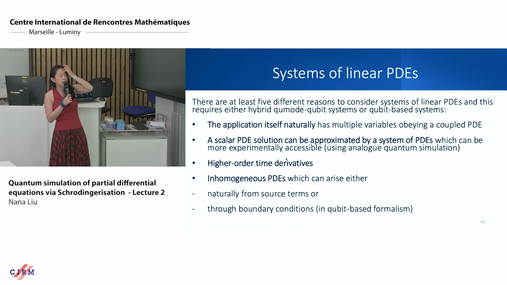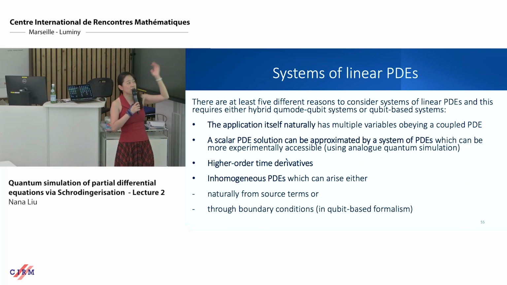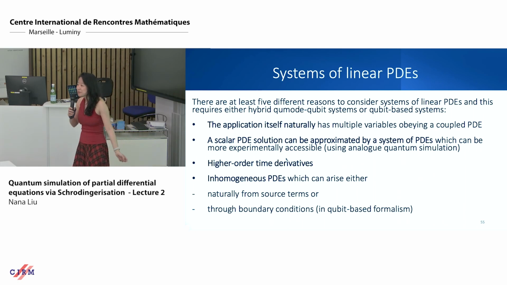But also, and I'll give an example, a single scalar PDE solution can sometimes be approximated by a system of PDEs, where that system is now easier to simulate than the original PDE. We'll see this example especially with the heat equation, because with the heat equation, and also Fokker-Planck, we get this term like p squared tensor eta hat, which is not as easy on a lot of systems.